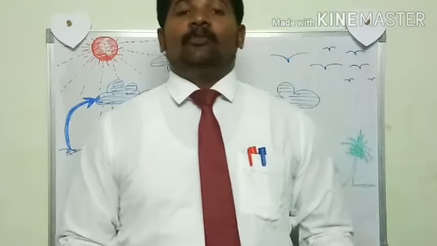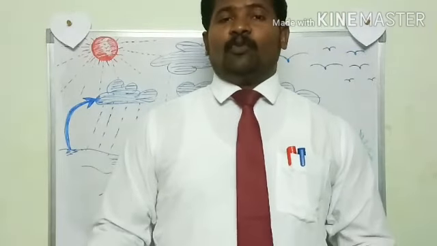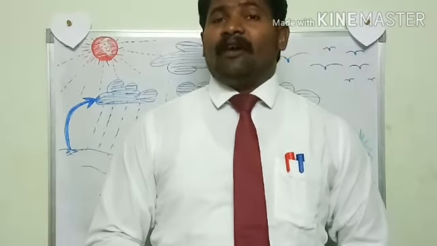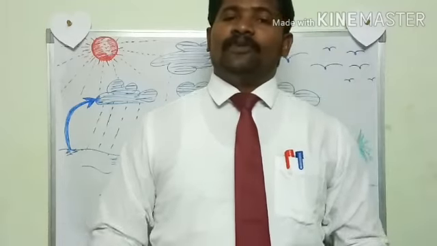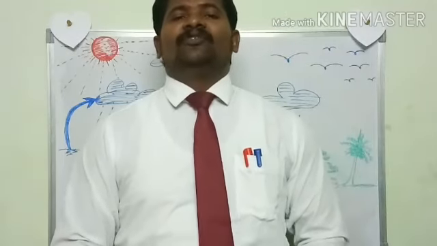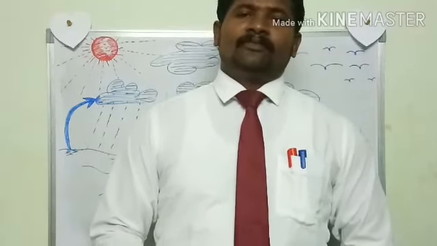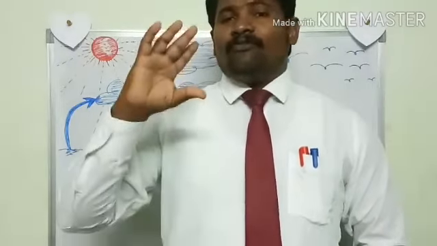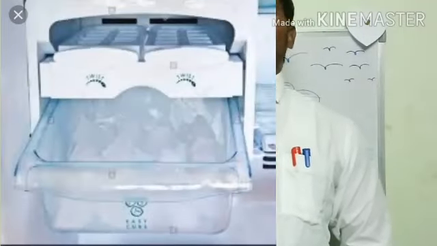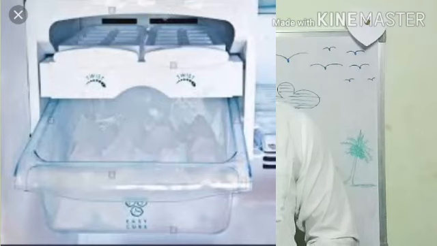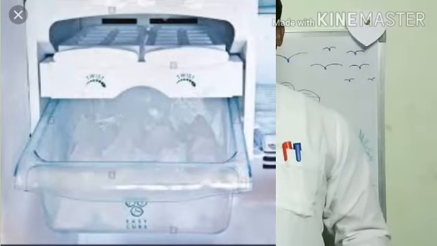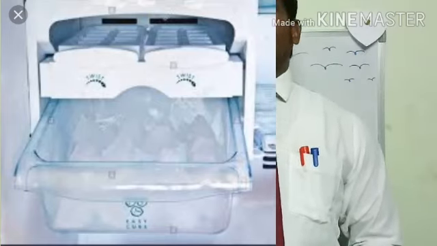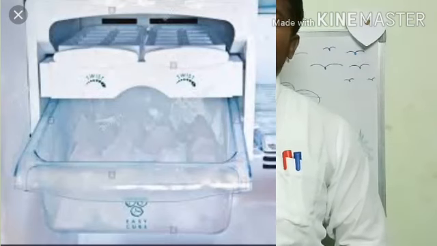How can we prepare ice? Is it possible for us to prepare ice? No doubt, we can prepare this ice. Take some quantity of water and keep it in a deep freeze. In this deep freeze, the temperature may be below 0 degrees Celsius.